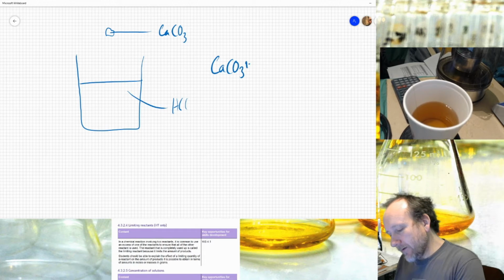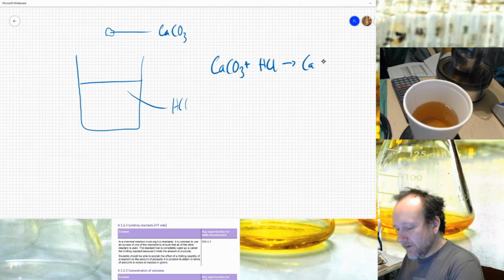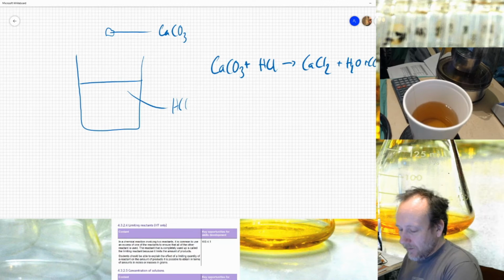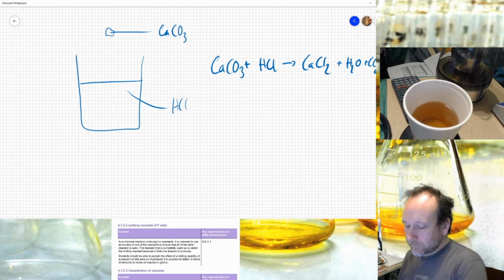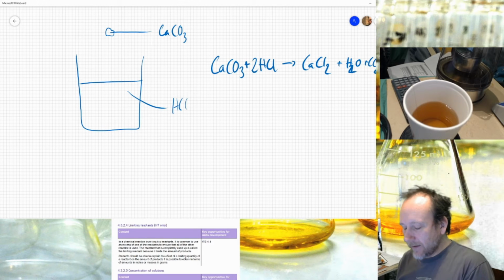Calcium carbonate reacts with hydrochloric acid, and it produces calcium chloride, H2O and CO2. Lovely. So we need two hydrochloric acid molecules, and this is now balanced, I think.